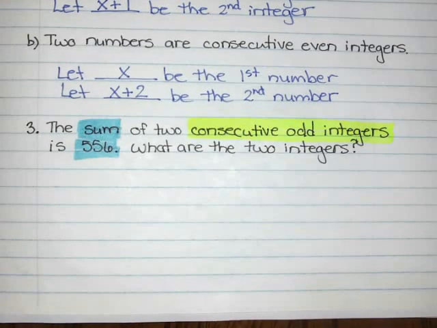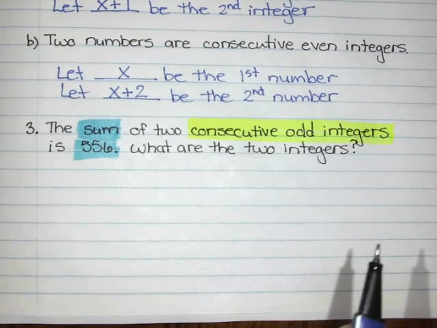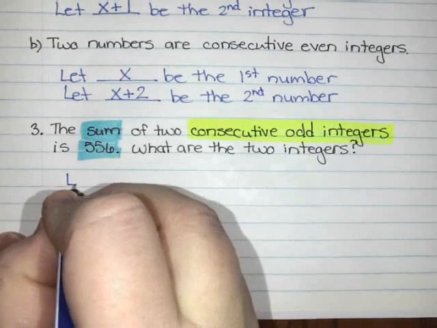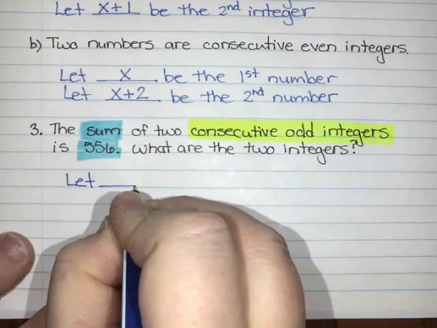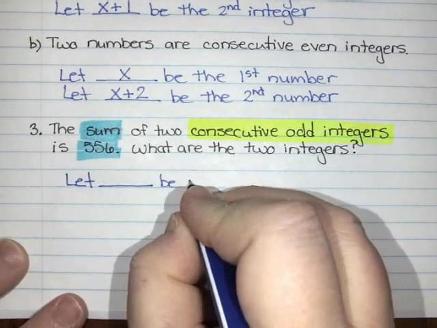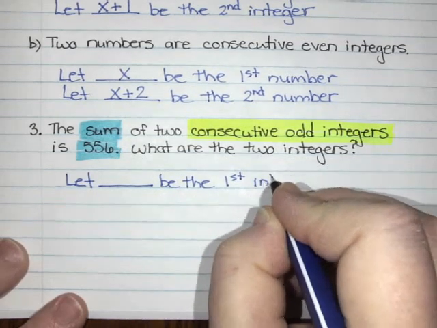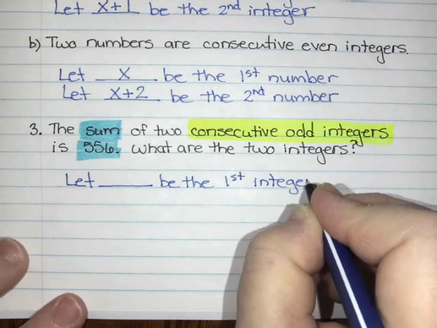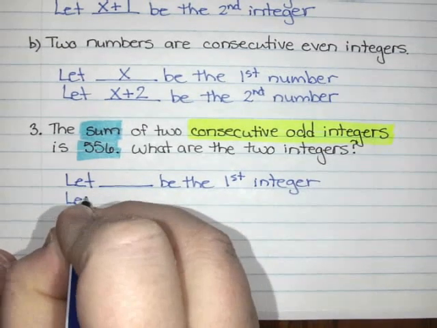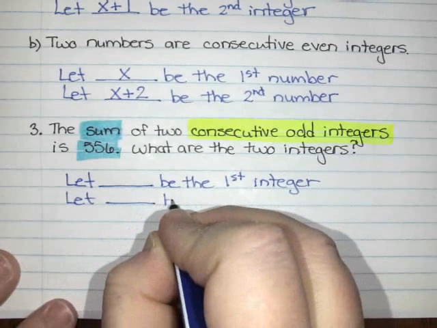So I'm going to start just by identifying my unknowns. What am I missing in this question? There are two integers. So I'm going to let something be the first integer. I'm going to let something be the second integer.